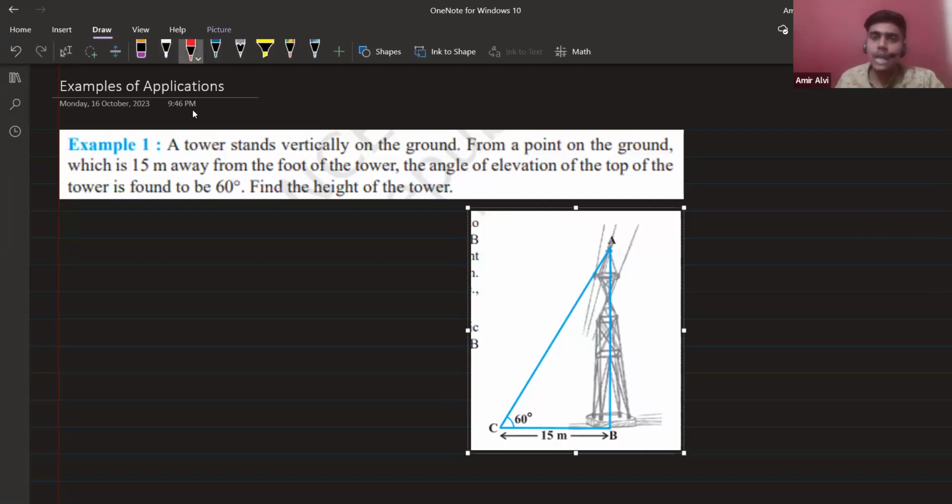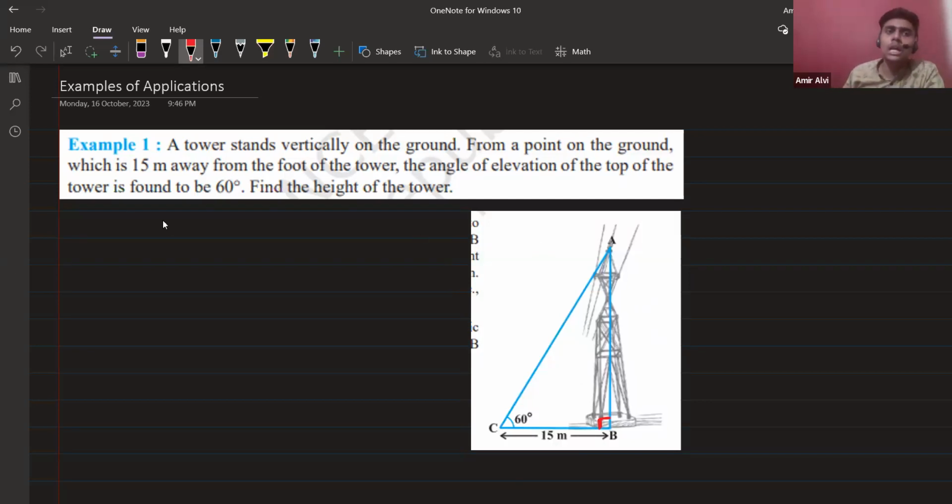So that's the first example of this chapter. Let's understand what the question is demanding from us. It says a tower is standing vertically on the ground, which means it's making a 90-degree angle with the ground.